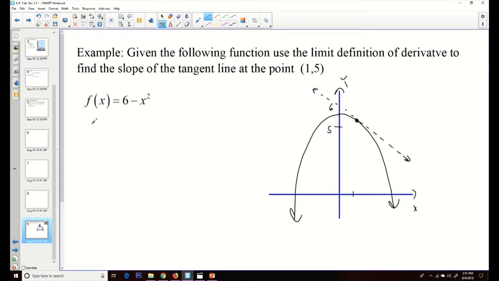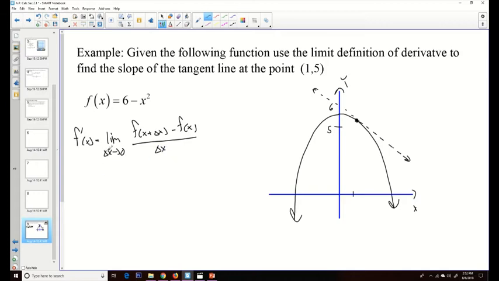All right, so we know from the reading that the derivative finds the slopes of tangent lines at given points. So we're going to start with this limit definition, and we're going to say that f prime of x is equal to the limit as delta x goes to 0 of f of x plus delta x minus f of x all over delta x.